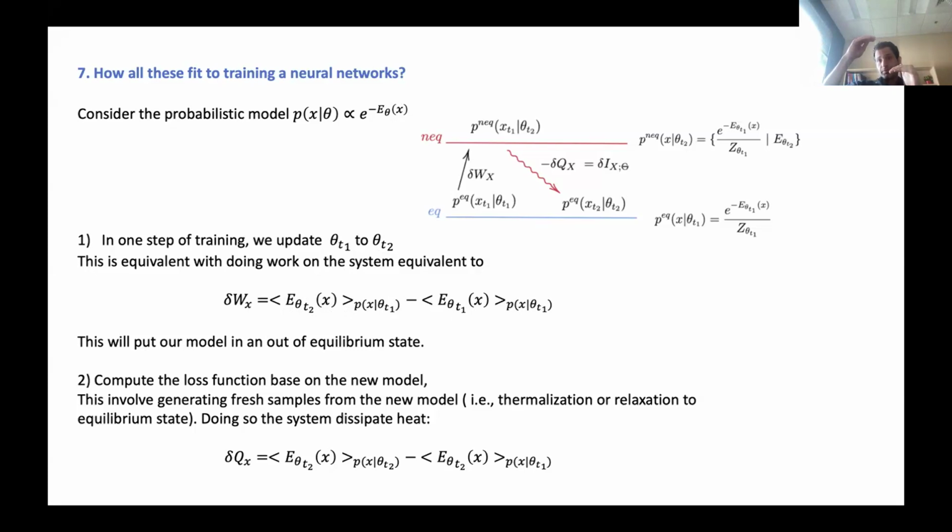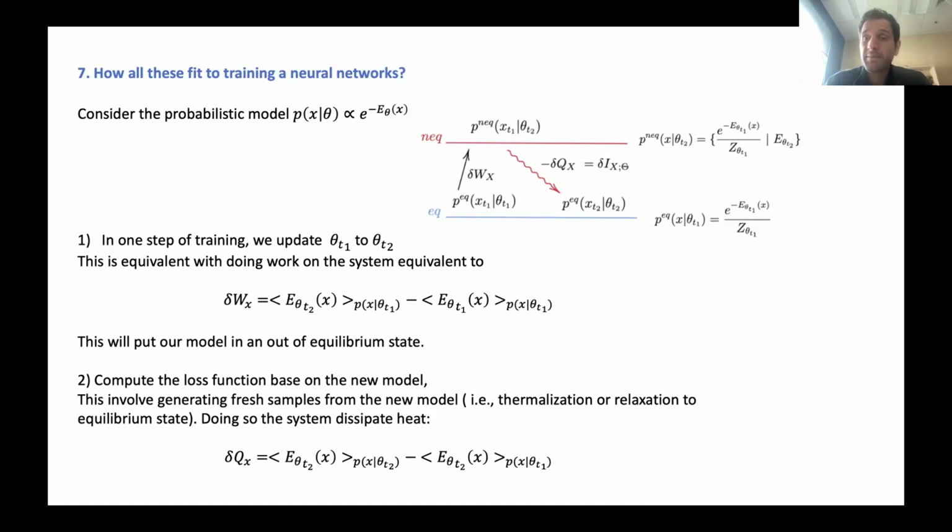Now, to do the next step of optimization, to go from theta T2 to theta T3, what you need to do first before doing gradient, you need to compute your loss function. And to compute your loss function, you need to generate fresh samples from your model.